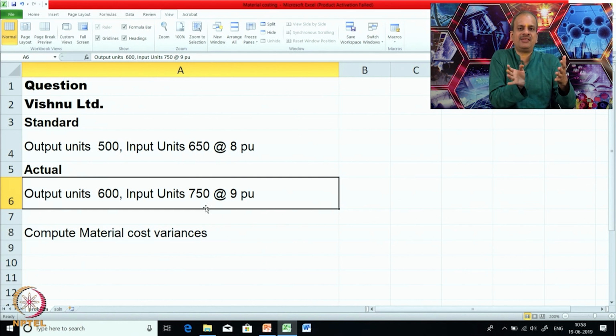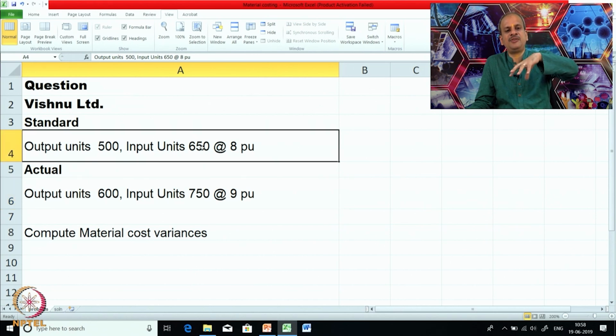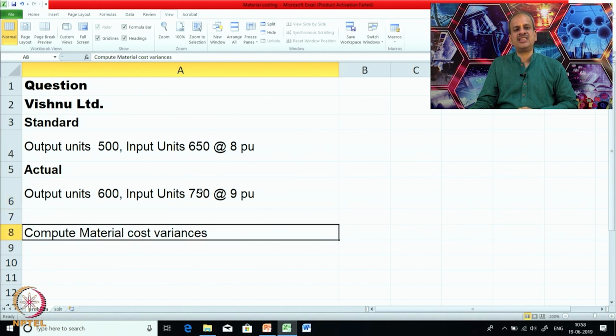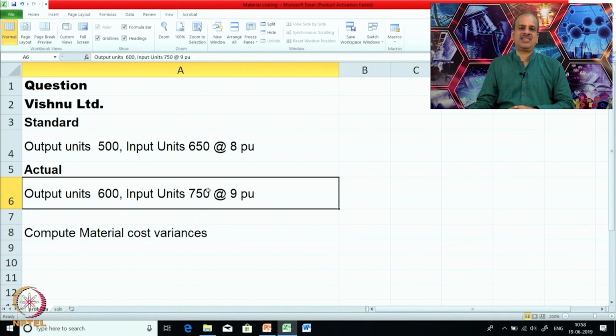So, when we put in 750 units, we get output of 600. As per the standard, if you put in 650 units, you get output of 500. Okay, but 750 is what we purchase at 9 rupees. So, what we need to compare are input units, that is first.